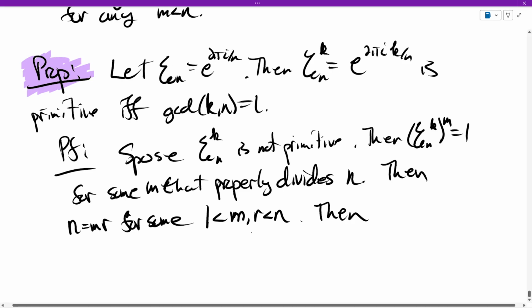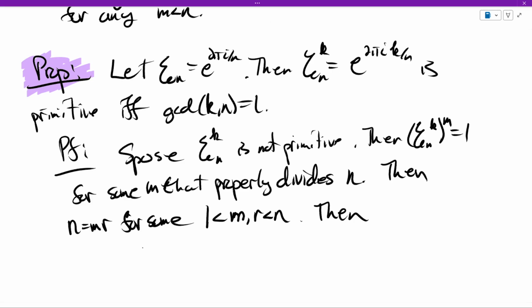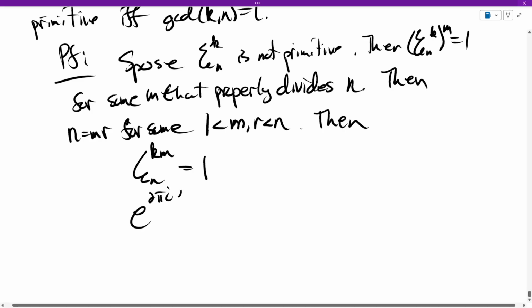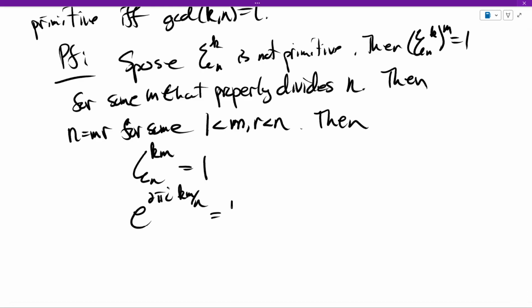Well, zeta sub n to the km, well, that's 1. And if we were to write out what zeta sub n to the km is, this is e to the 2 pi i km over n, which is 1.